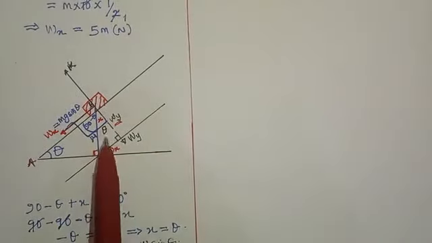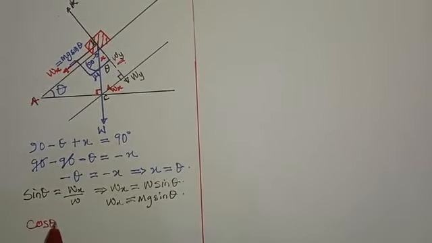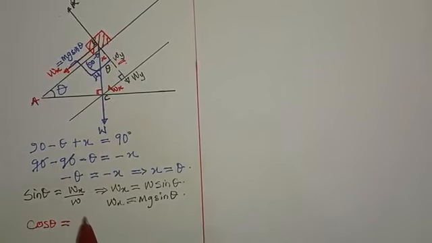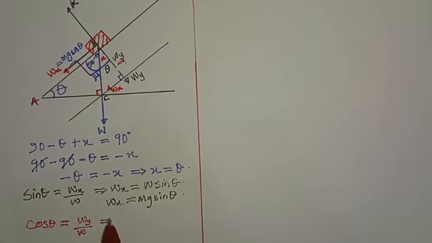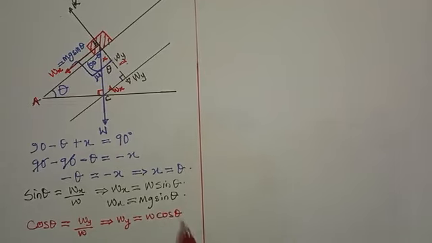Also, if you look at the component perpendicular to the inclined plane, which is this one, we are going to have adjacent over hypotenuse. Is that correct? So that is going to be cos. Cos theta is equal to adjacent, which is WY, all over hypotenuse, which is W. This implies that WY will be equal to W cos theta.